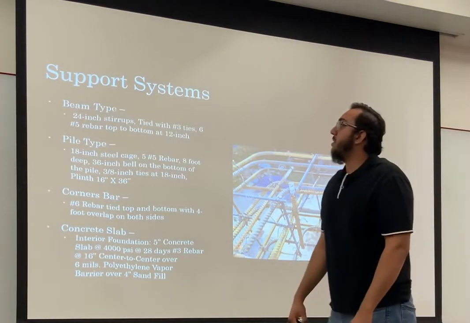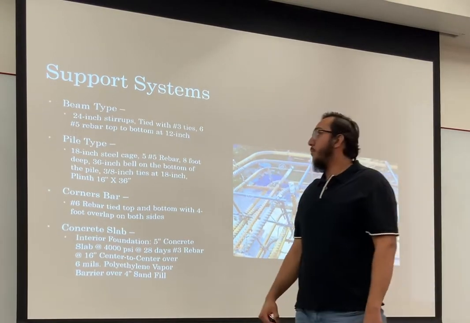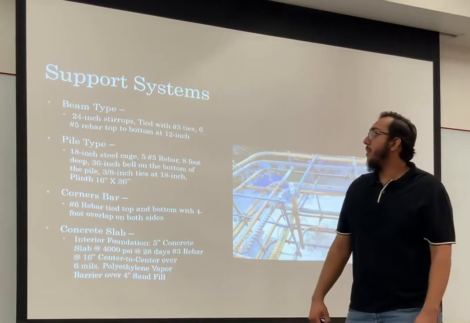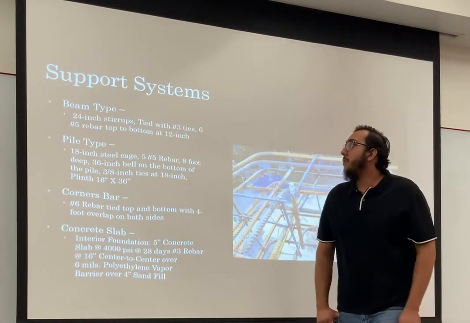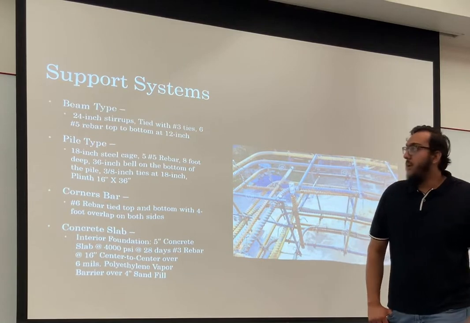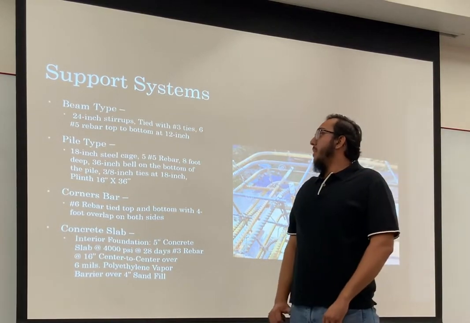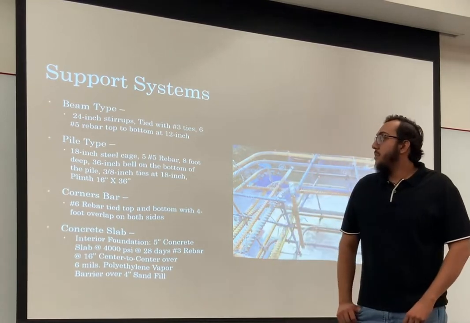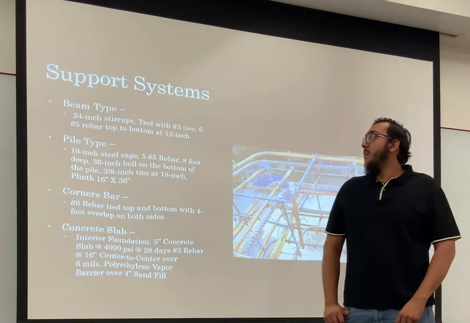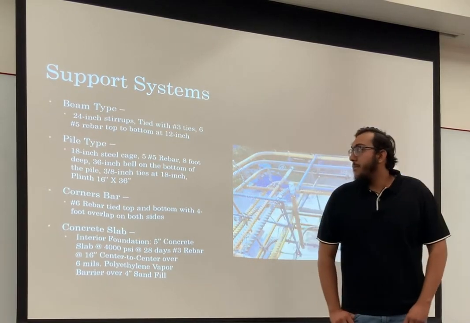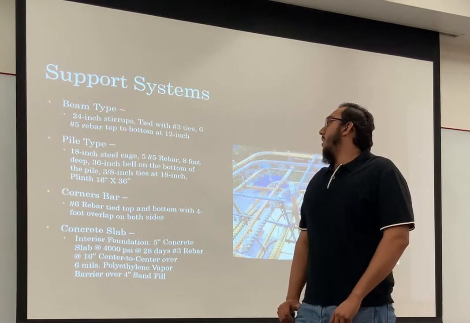Types of support systems used in foundations are beams, 24-inch stirrups tied with number 3 ties, and 6 number 5 rebars. Typically, that's just an example we got off of the internet. Some pile types are 18-inch steel cages with number 5 rebars, 8 feet deep, with a 36-inch bell at the bottom of the pile, and a 3/8-inch tie at 18 inches.